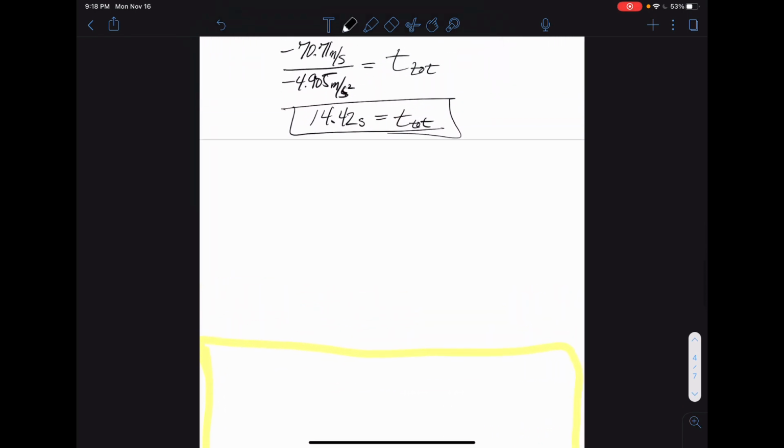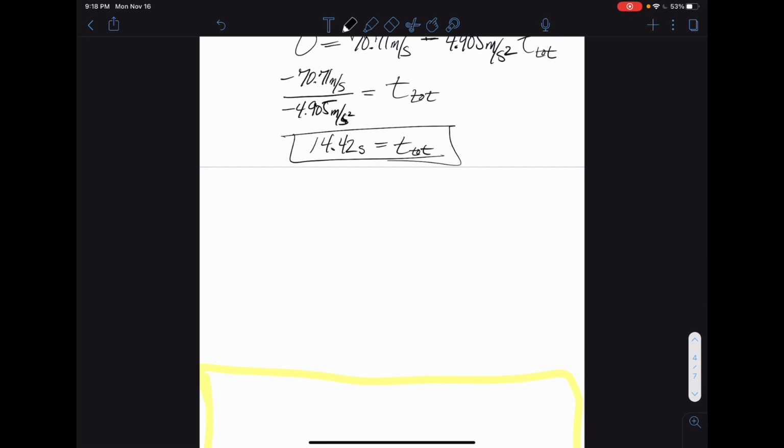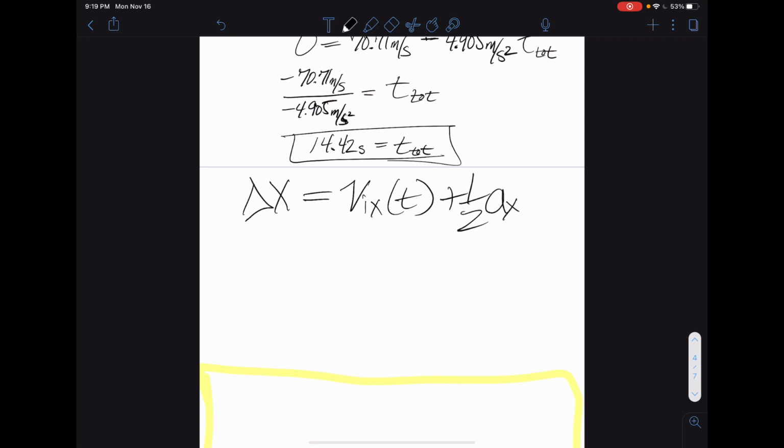All right, so now we're gonna look at the x direction, and since we want to know the range, the total change in x position, it makes sense to use K2 in the x direction, right? So this is where we're going to say delta x equals VIX times t plus 1/2 ax t squared.